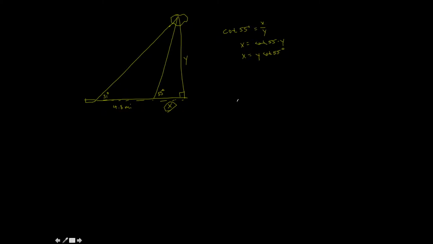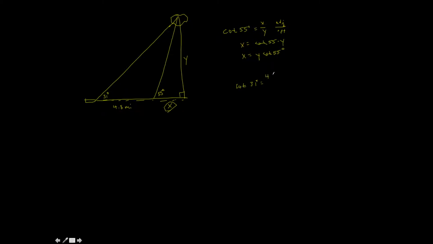So now let's look at the big triangle. Same thing. Cotangent of 31 degrees is going to relate our adjacent side. Cotangent is adjacent over opposite. So what is this adjacent side here?